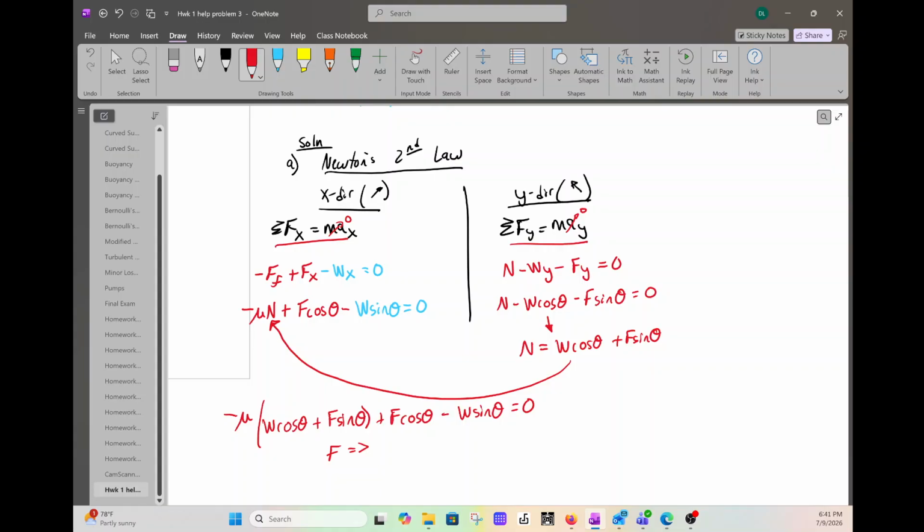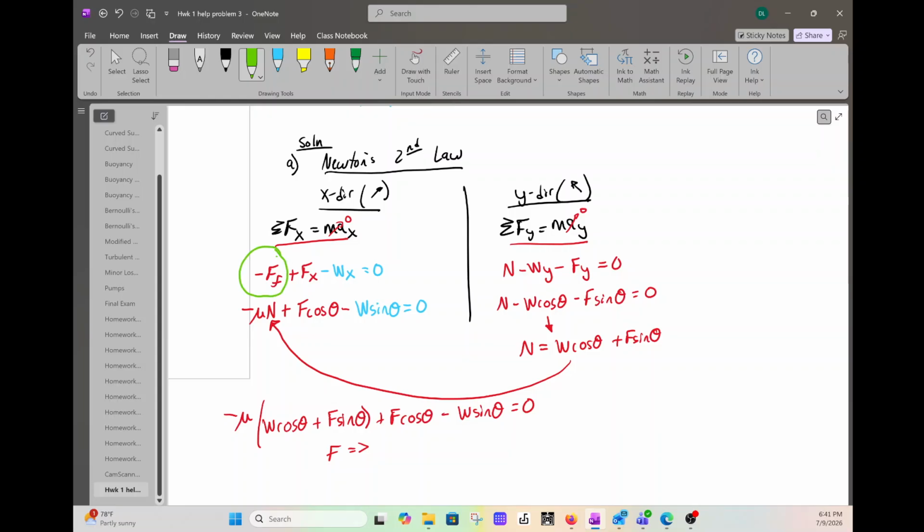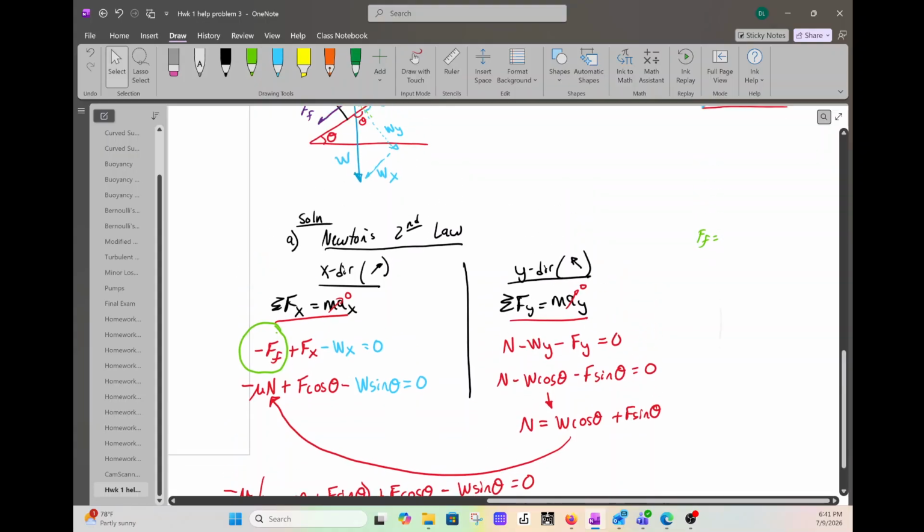This mu is your friction coefficient, not the dynamic viscosity, for A. Now for part B, everything is the same except this friction force right here. So for part B, write all this down again, but your friction force, what would we have?